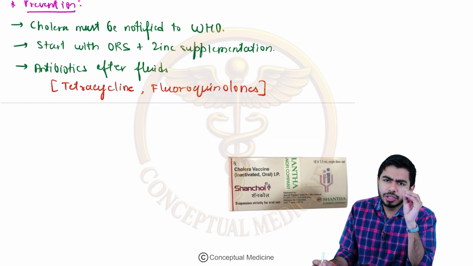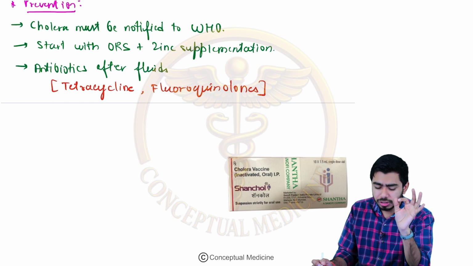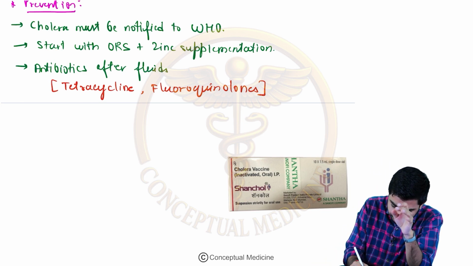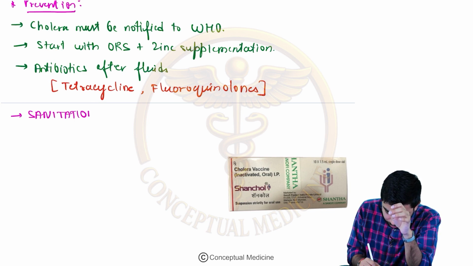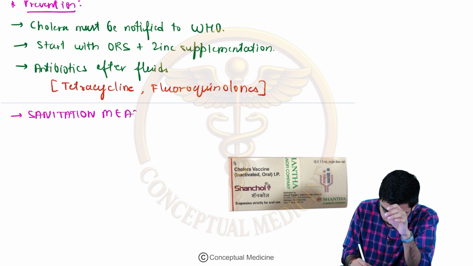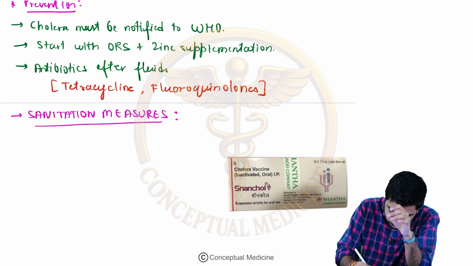Now, as I told you earlier, sanitation measures are very, very important. I am mentioning in bold letters that sanitation measures are very crucial in these cases. What kind of things are we talking about?